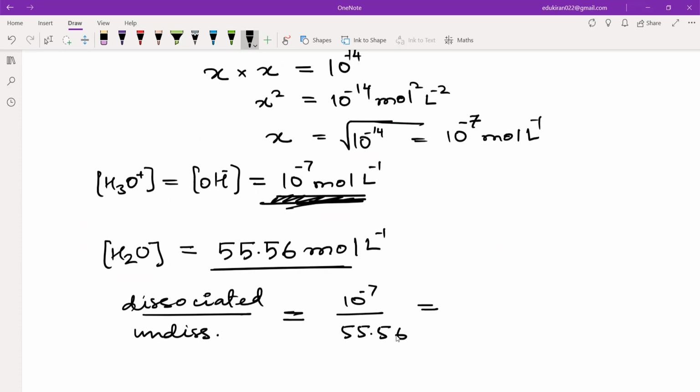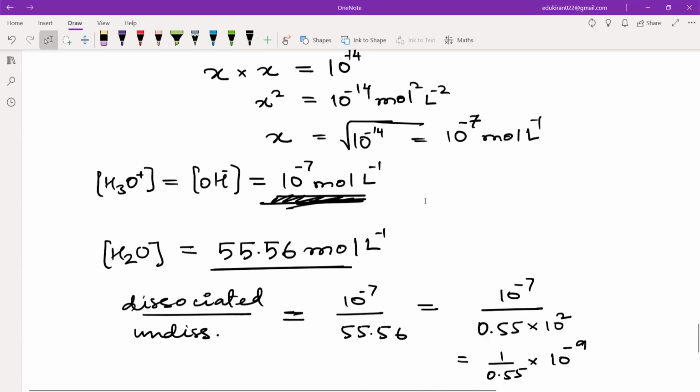This will be 0.55 into 10 to the power of 2, and this will be equal to 1 upon 0.55 into 10 to the power of minus 9, because it will go up. Yes or no, guys?